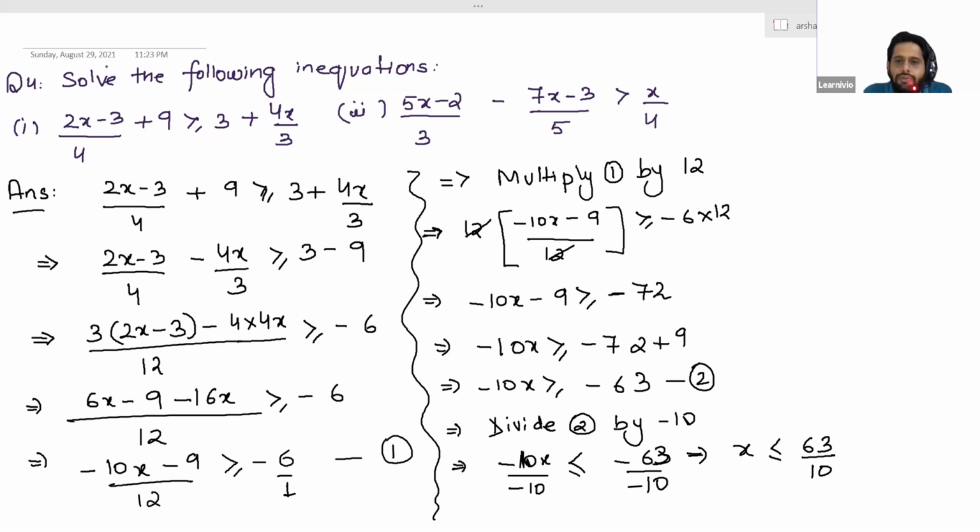Rishan, please confirm me once you have represented this on the number line and in the interval form. Then we will start the next question.